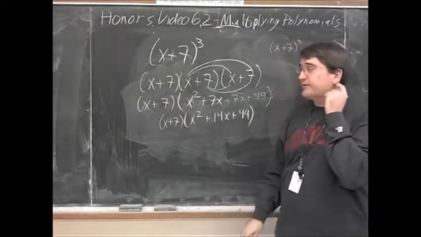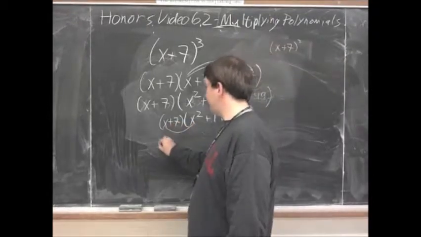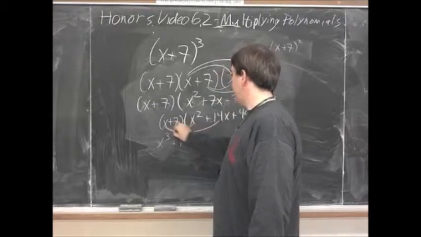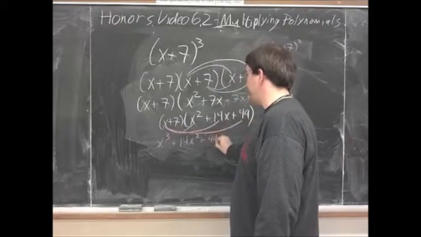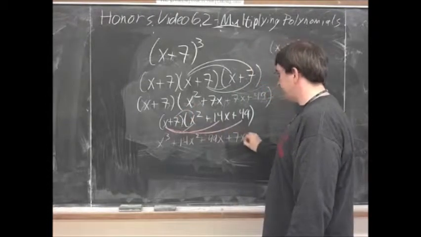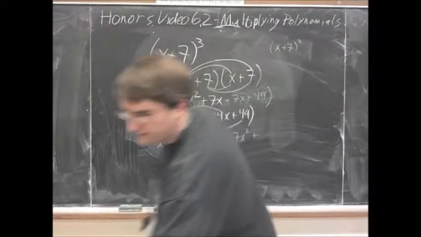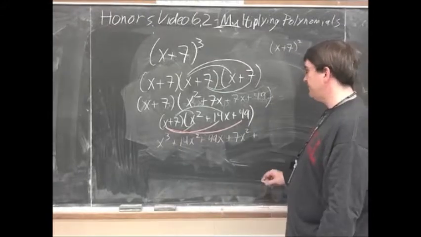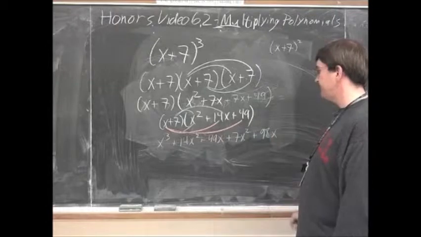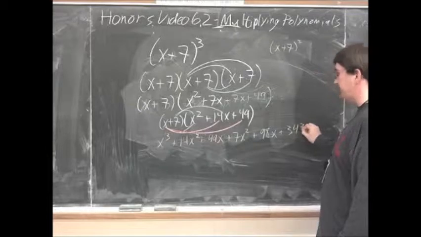But now I have a third x plus 7 to multiply in, and so I'm going to do that. x times x, x cubed. x times 14x, 14x squared. x times 49, 49x. 7 times x squared, 7x squared. 7 times 14x is 98x. And 7 times 49 is 343.